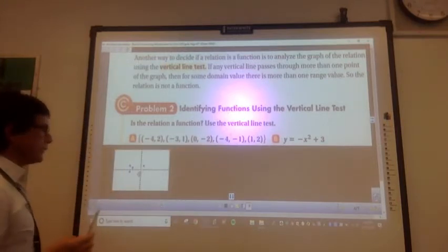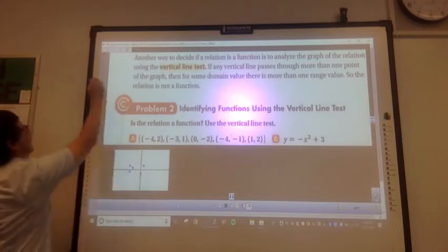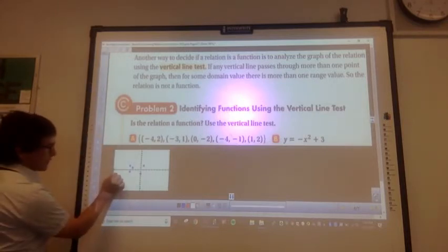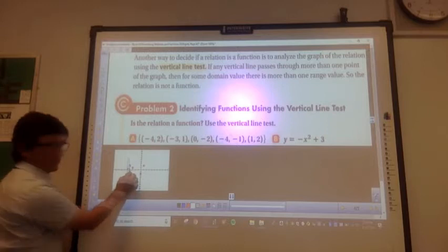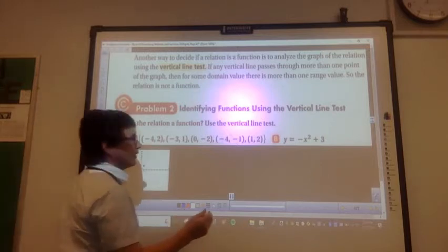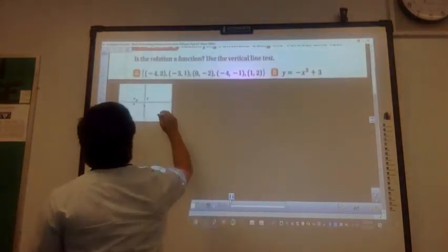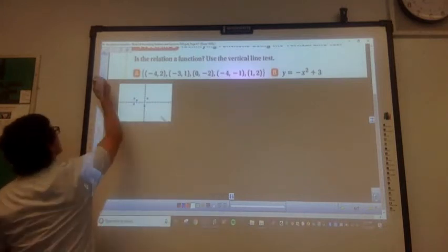Okay. So when we do this vertical line test, what we're doing is we're taking a vertical line and passing it over the function.